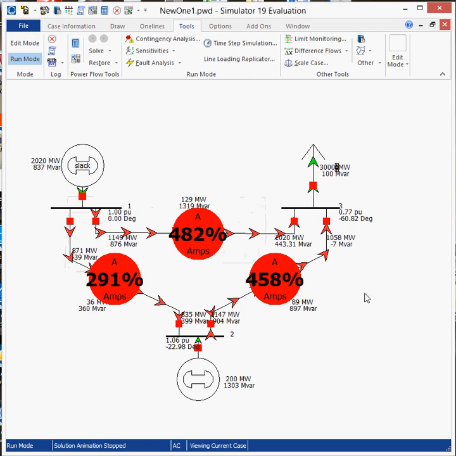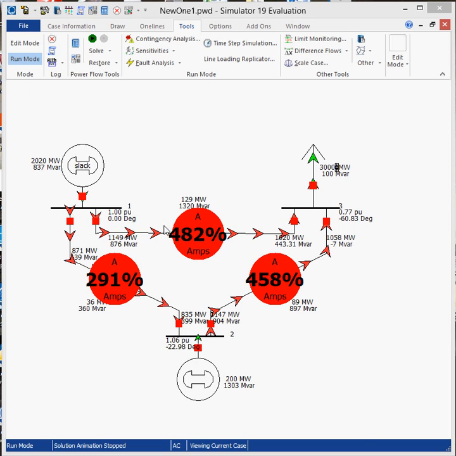Okay, supposedly when your transmission line operates over its limits, you will face a blackout in your system. Okay.